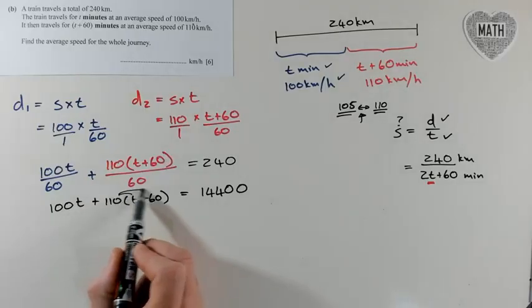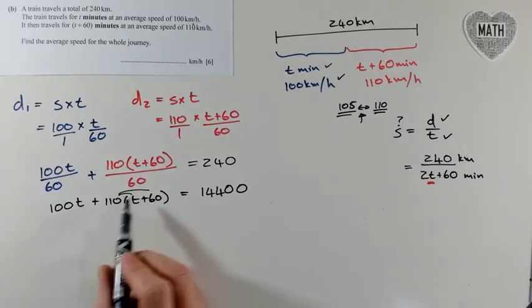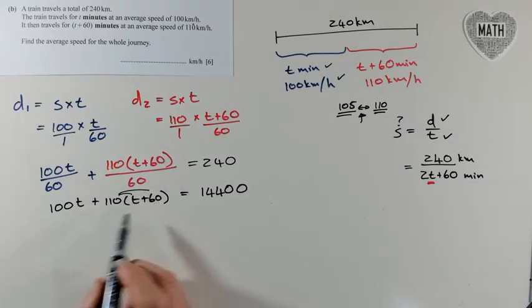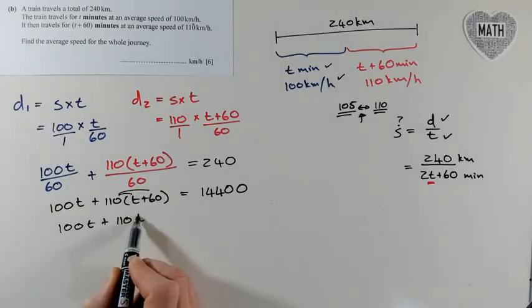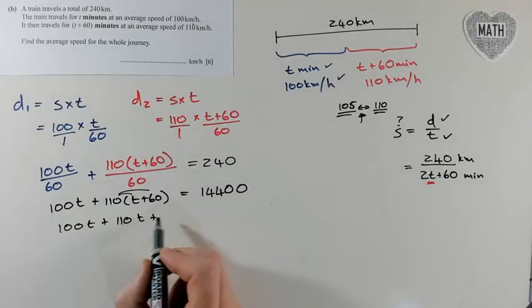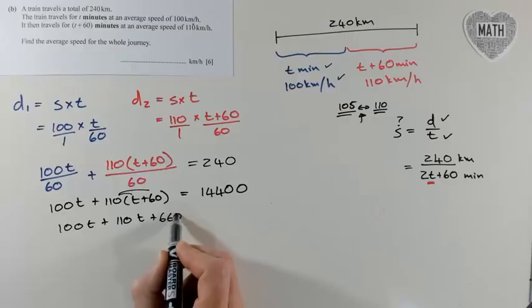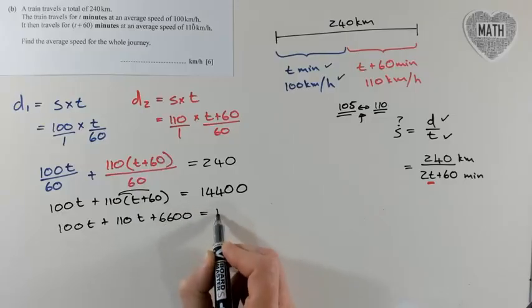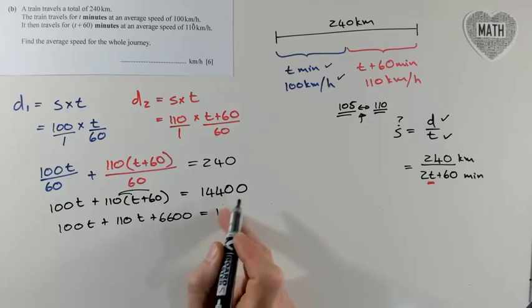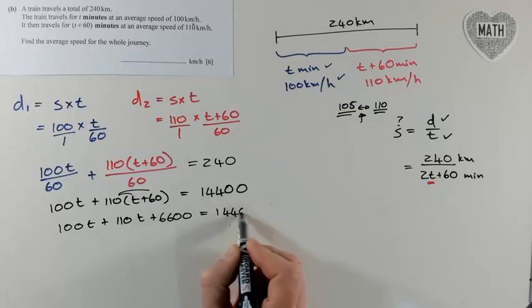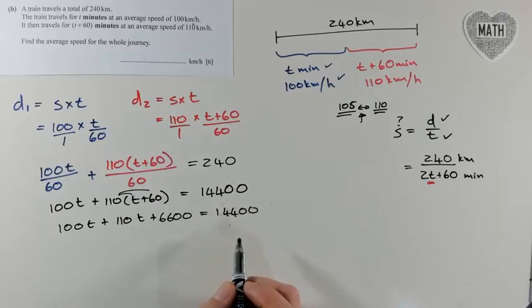Not trying to make as if I'm some kind of a savant, just knowing these things. Next, I'm going to multiply that out. So I'll have 100t plus 110t plus, okay, that I should be able to work out, 6600. And this is all equal to, no, wait, that's 144. Two zeros. There we go, 14,400.